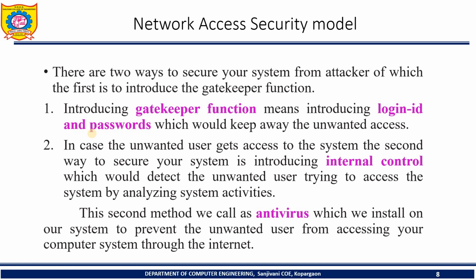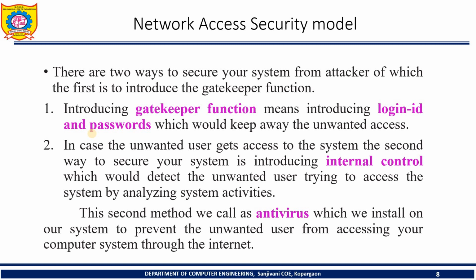Internal security control means something which would detect that somebody unwanted is trying to access the system. There should be some internal intrusion detection system which can analyze the system activities and detect the unwanted people who are trying to access the system.